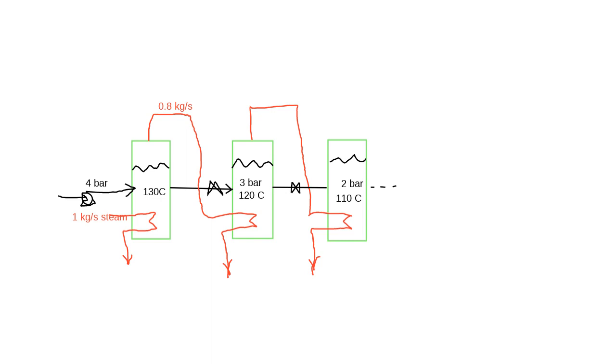And that's why it's so energy efficient. So we've got 1 kilogram of steam, and by the time we have many effects, we are evaporating many more kilograms of water from that solution.